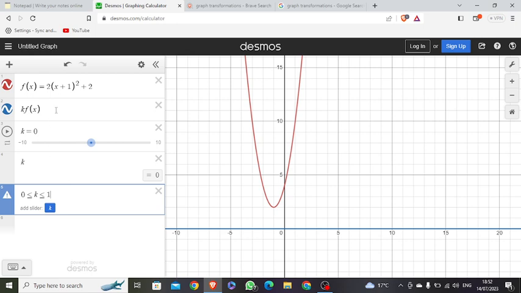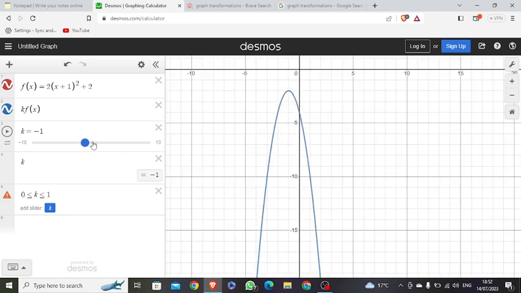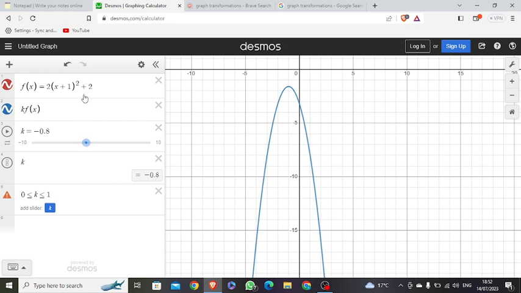If this is the case, it'll shrink by a factor of k. And if k is less than 0, my theory is that it should reflect in the y-axis in this case.